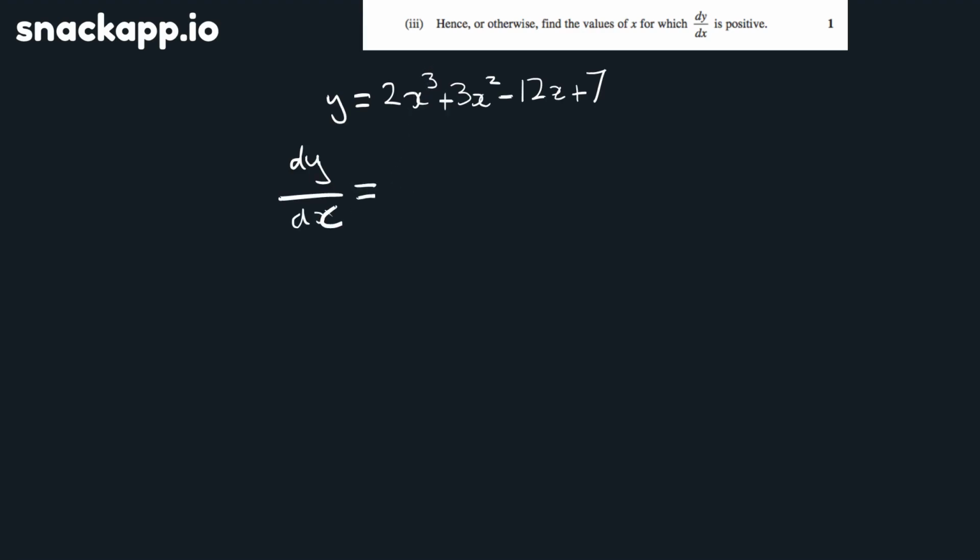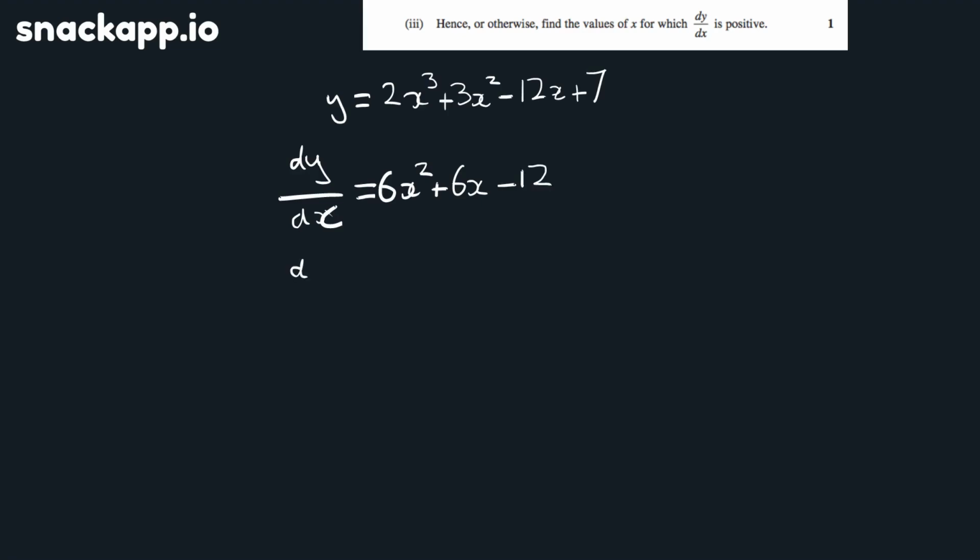We take one off the power and multiply the whole term by the old power. So 2 times 3 is 6, x squared. Do the same thing again, 2 times 3 is 6, x to the 1, so it's just 6x. Take one off the power, it's just a constant, so we just get 12, and then this disappears.